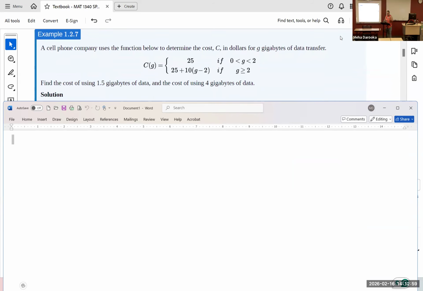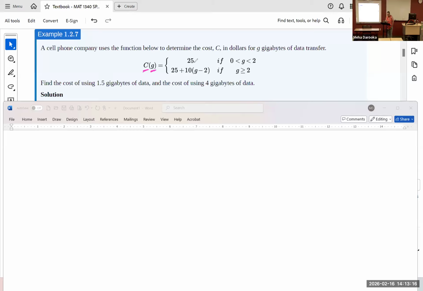So basically, they're giving you the piecewise function. Obviously, we need to know how to read it, right? How do we understand what's being told to us? So remember, C is the cost, G is the data transfer usage, in gigabytes.